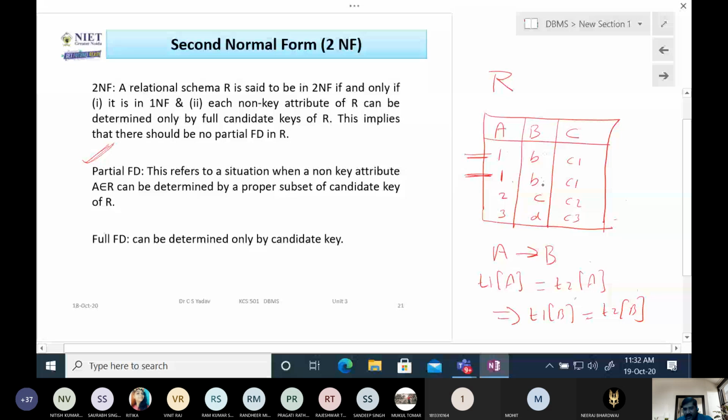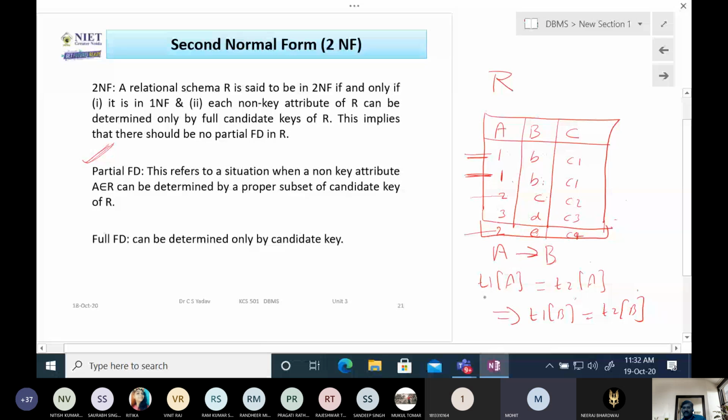But suppose we have this tuple like C to E, then what about A and B? What about this functional dependency, whether it holds on R or not? Now if we take these two tuples, they agree on A value, but they do not agree on their B value.